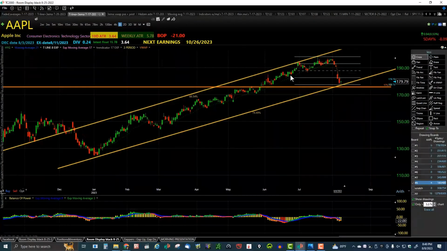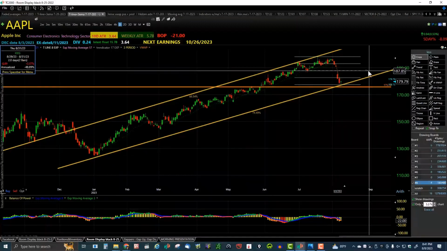If this minor resistance holds price underneath in the lower 30%, that's bearish to me. Now, if it breaks through that and gets all the way back to the midpoint, that would be an excellent target for Apple, right around 187.85.